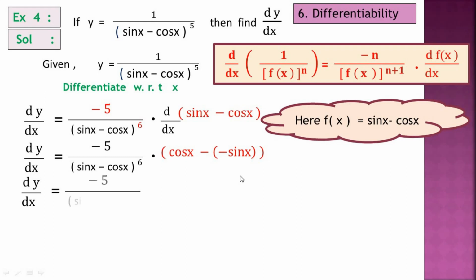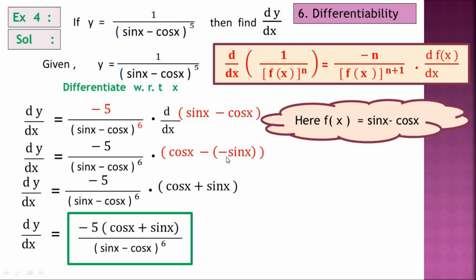Further, minus 5 divided by (sin x minus cos x) raised to 6 into, multiplying this negative, you will get cos x plus sin x, and rewriting the function, it becomes minus 5 into (cos x plus sin x) whole divided by (sin x minus cos x) whole raised to 6. So this is the derivative of the given function.